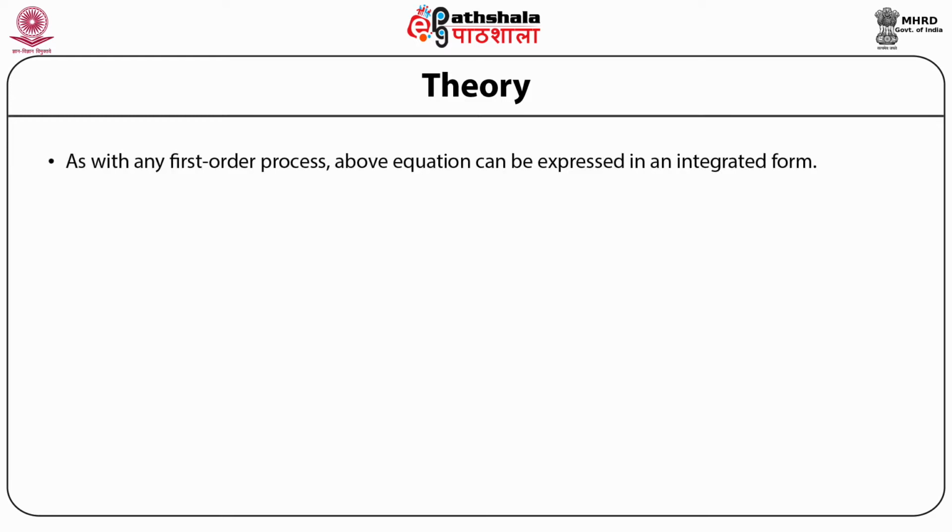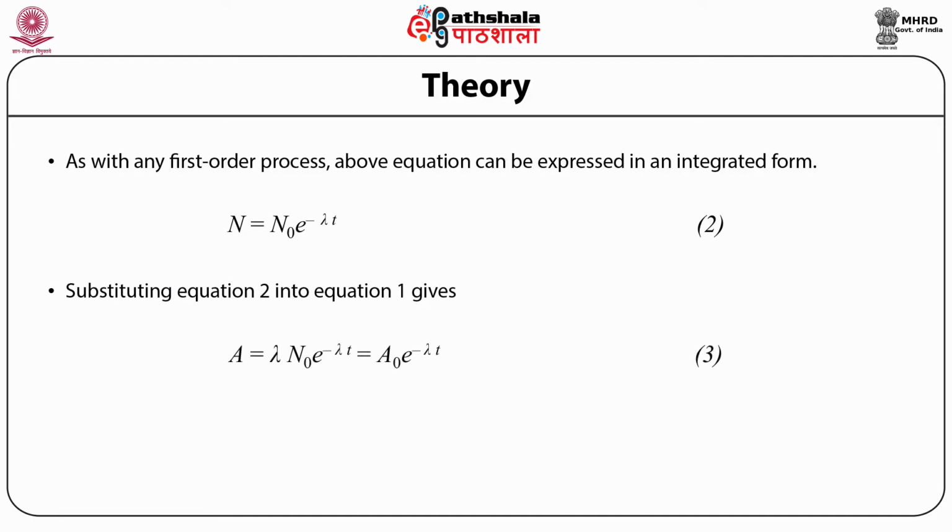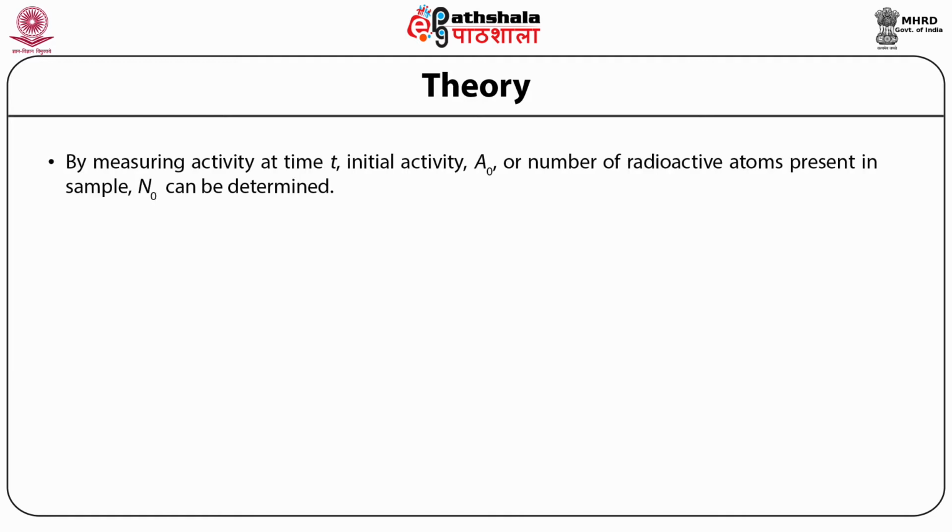As with any first order process, the above equation can be expressed in an integrated form, as given in equation 2, while substituting equation 2 into equation 1 gives equation 3 as given below. By measuring the activity at time t, therefore, we can determine the initial activity A0, or the number of radioactive atoms originally present in the sample, N0.